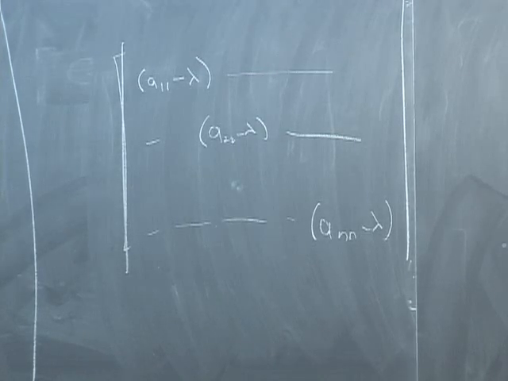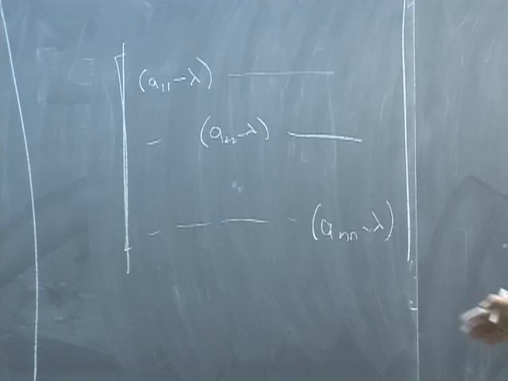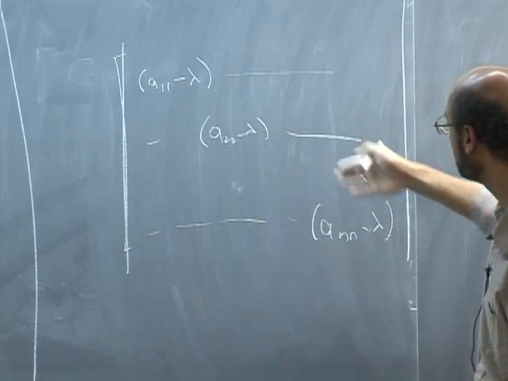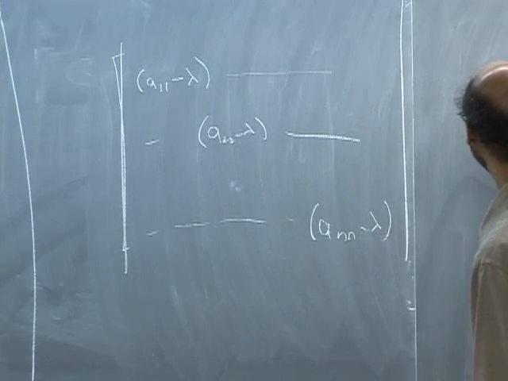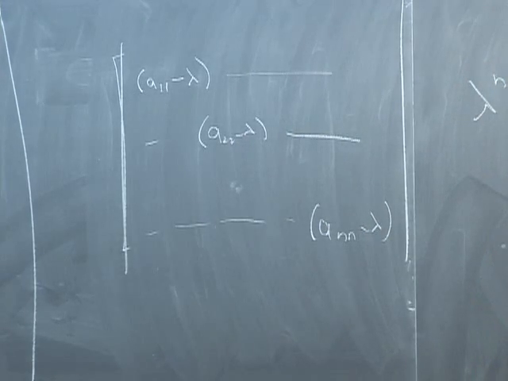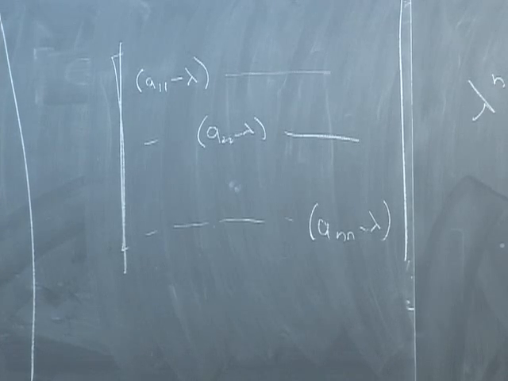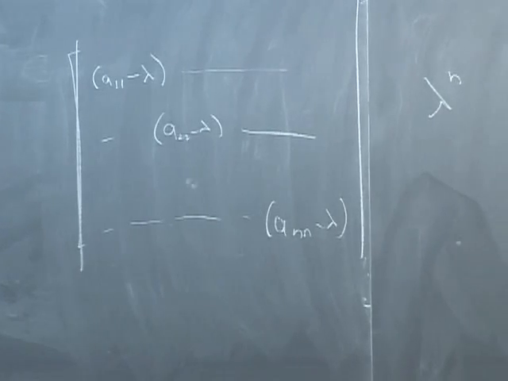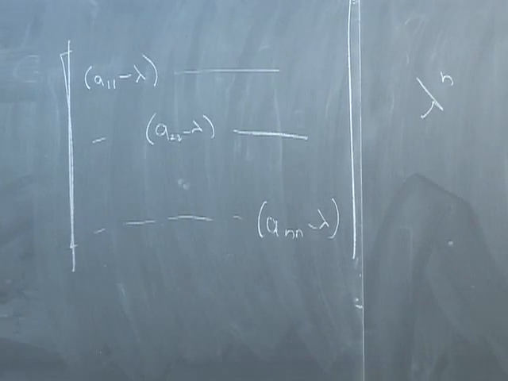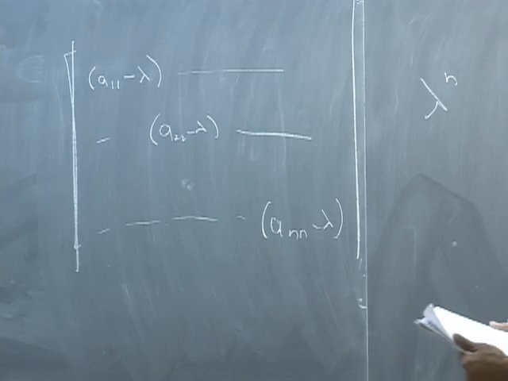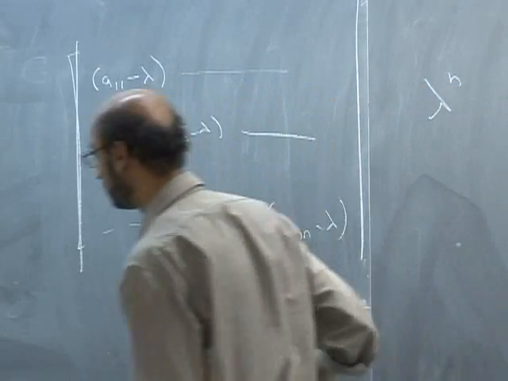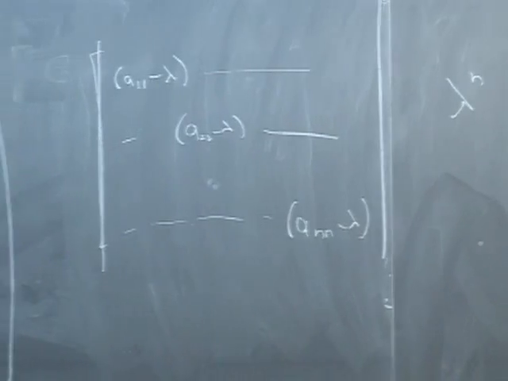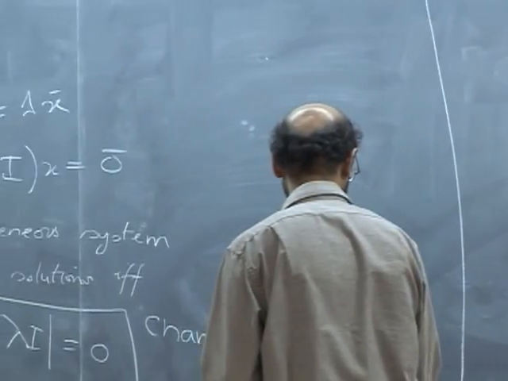And what's the highest degree we can get out of it? At most we're going to have lambda multiplied by itself n times, so lambda to the n. That's the highest degree of lambda we're going to get. It's a polynomial of degree n, where lambda is the unknown. Sorry, that's the characteristic determinant.